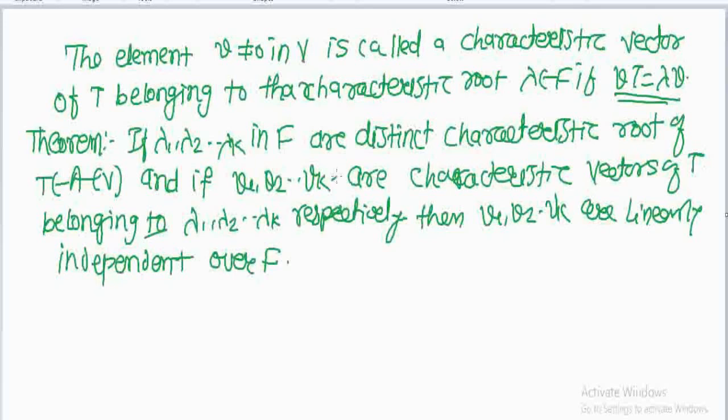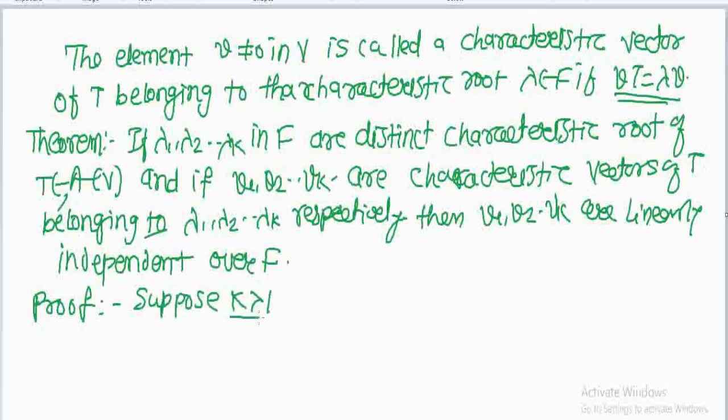So whenever we have lambda 1, lambda 2, lambda k as distinct characteristic roots of T and V1, V2, Vk are the characteristic vectors of T belonging to lambda 1, lambda 2, lambda k respectively, then we have to show that these vectors are linearly independent over F. For that, first assume k is positive.